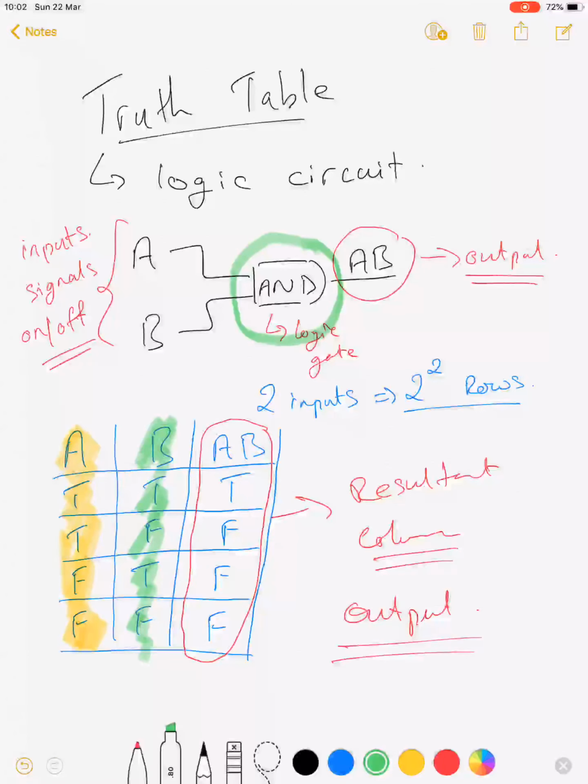So the truth table, in essence, shows us how to construct all possible values, considering all of the possible inputs going into a particular circuit. Now we have a very small circuit here, so we can obviously have a much larger construction and a larger circuit.